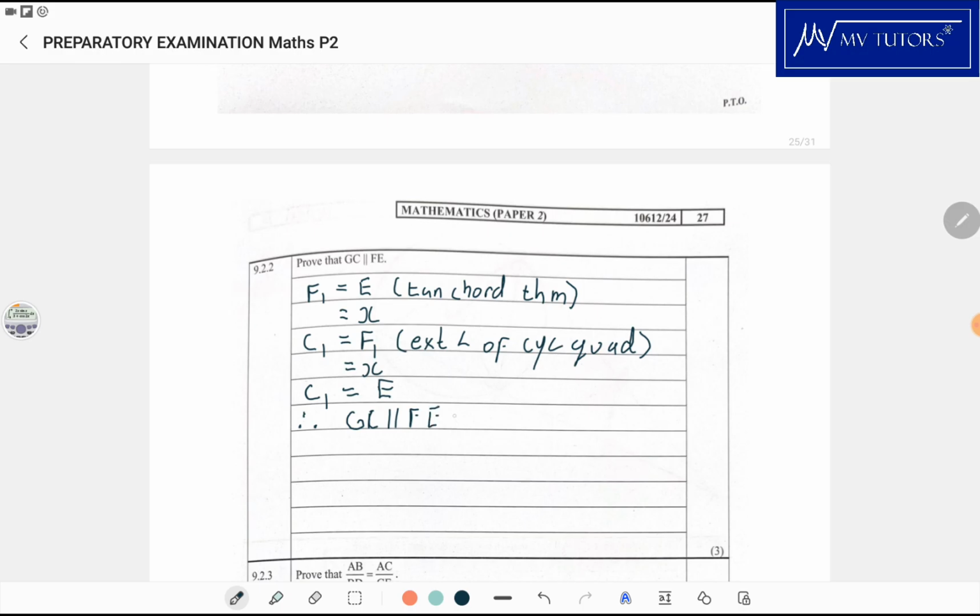Okay, and why is this? Corresponding or converse corresponding angles. Let me just say corresponding angles. Why? Corresponding angles. These are corresponding angles, just like that. That's it.